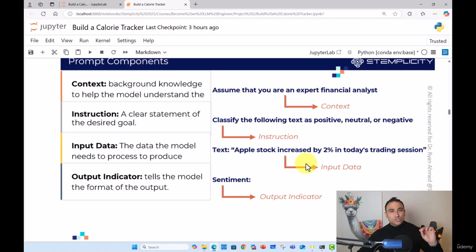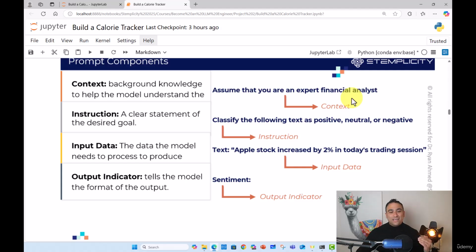So the best way to structure a prompt based on this is first, you need to set what you can think of as more of a context or persona. So you can say, assume that you are an expert financial analyst. So now you're setting the scene for the AI. Think of it as this kind of intelligent brain saying, okay, now I should be behaving like an expert financial analyst first.